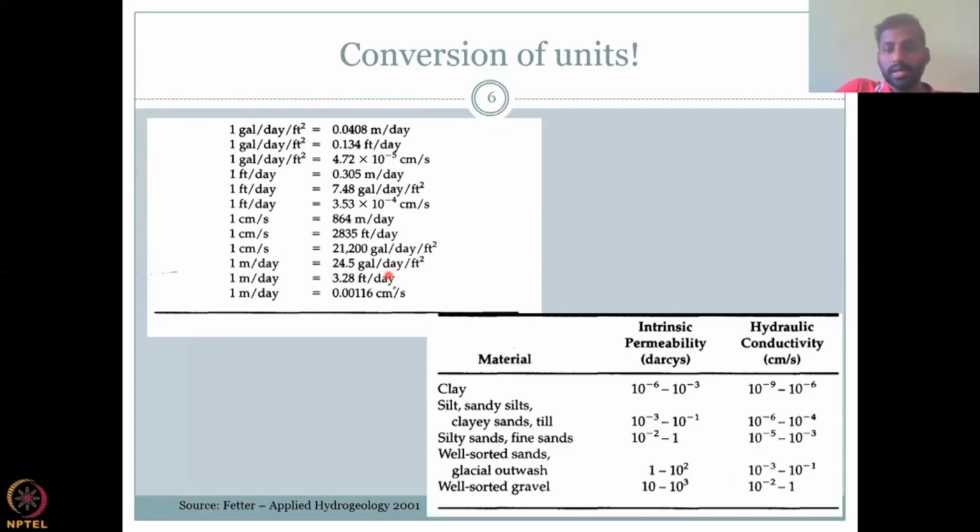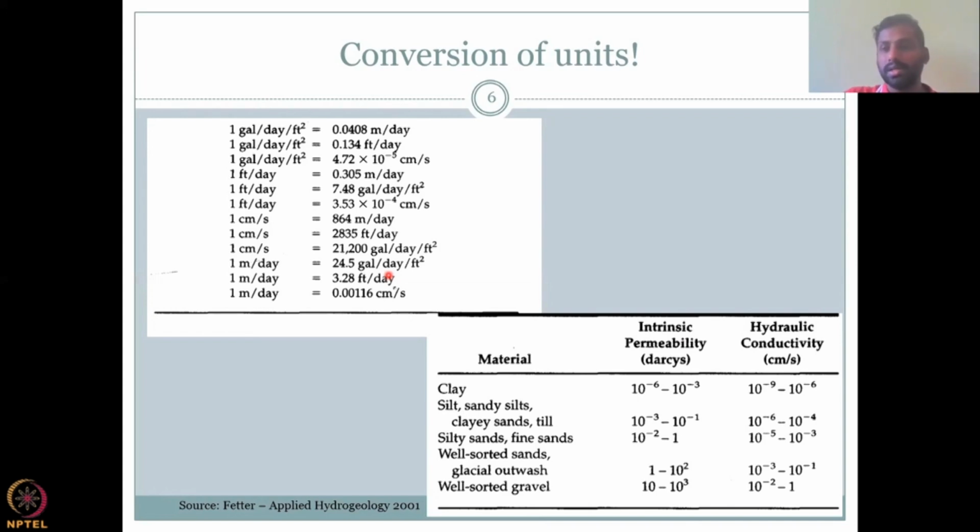Okay, so let's look at some of the hydraulic conductivities. In the previous lectures, we looked at permeability and porosity differences, and now hydraulic conductivity. Hydraulic conductivity can be expressed as a function of permeability along with the gravity constant, your viscosity, and the density of the fluid.